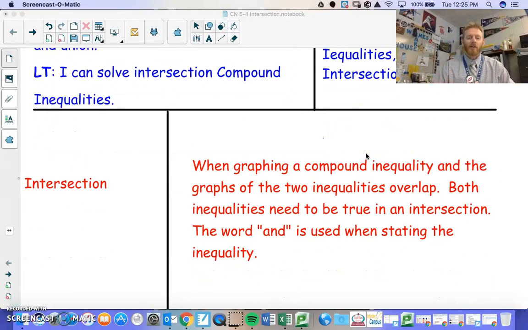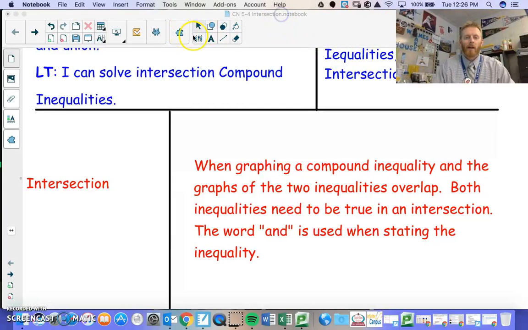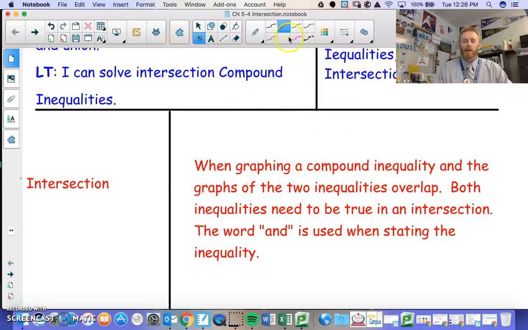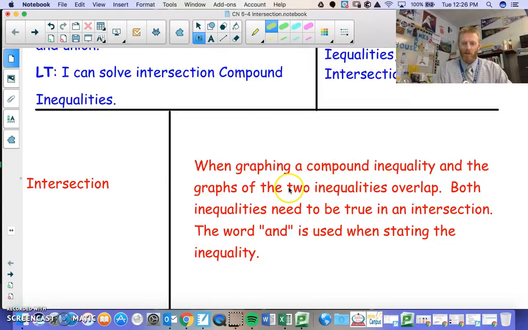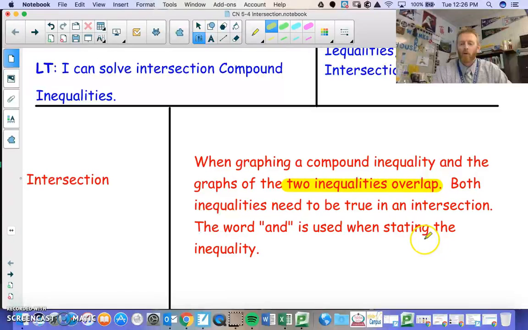So an intersection is when you have a graph of compound inequalities, and that graph has a part where they overlap, and that's why it's called an intersection. So what we're going to do is notice that the two lines are going to overlap each other, and that's going to be the spot where the inequality is true, where those things overlap.